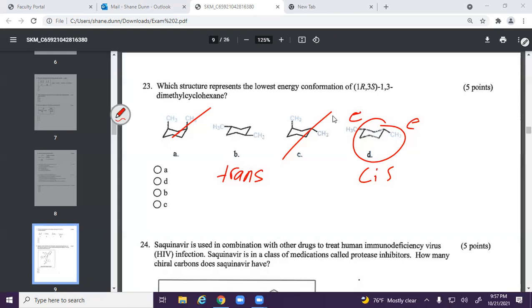Okay. The reason being, for A, the electron clouds for these two methyl groups cause steric strain. Them being far apart means less steric strain, so less energy. Cyclohexane has no torsional strain, because it's as far apart as possible.